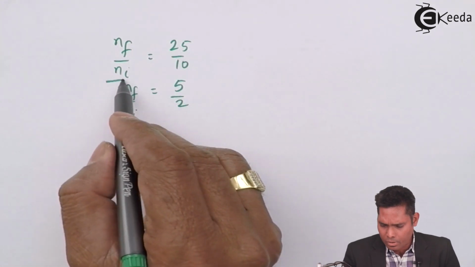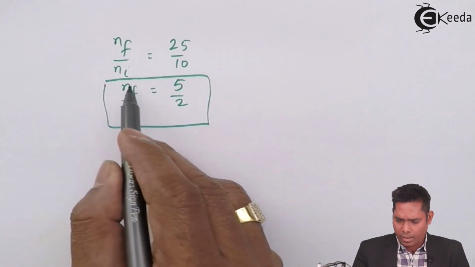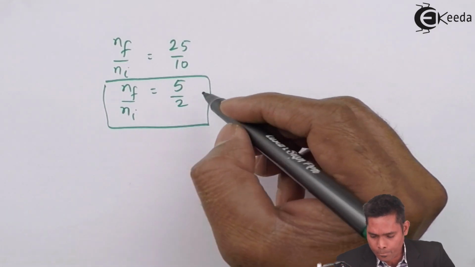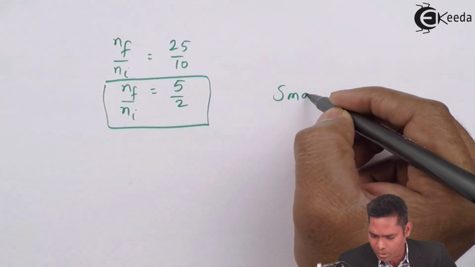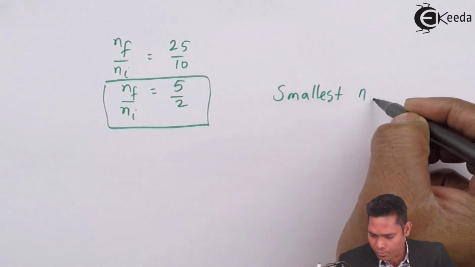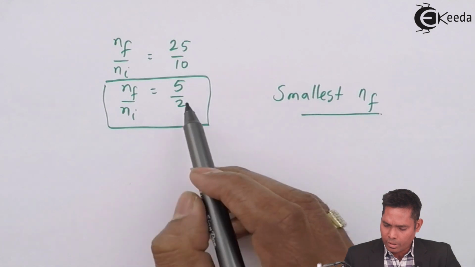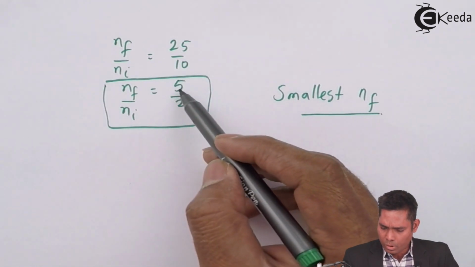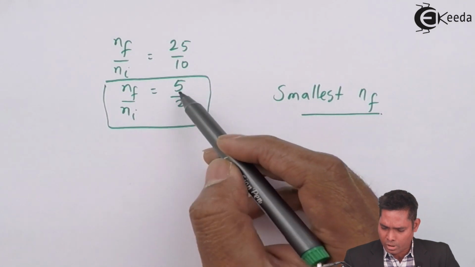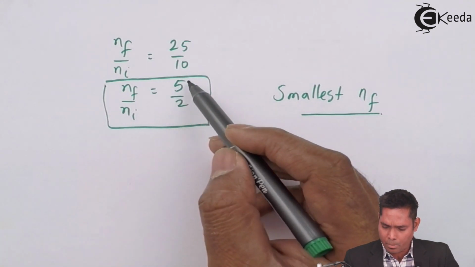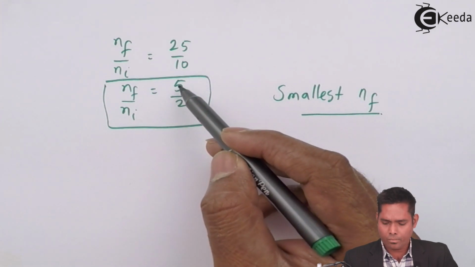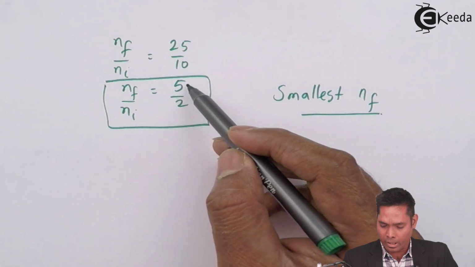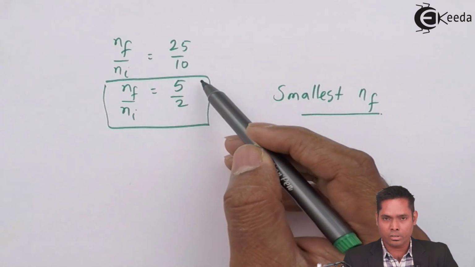And if I see this expression, Nf is 5 and Ni is 2 in the ratio, we are interested in the smallest value of Nf. Then 5 is a prime number. You cannot have a number of Nf less than 5, because it will be either 5 or 10 or 15 or 20, some multiple of 5.